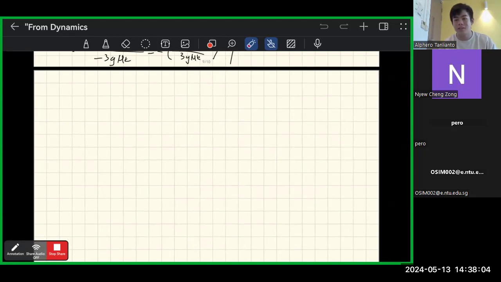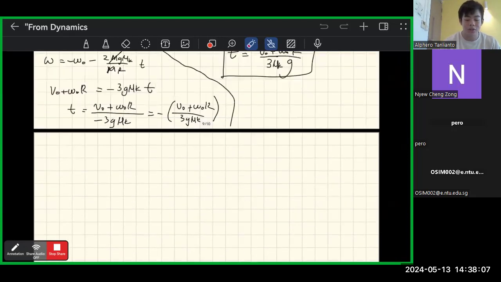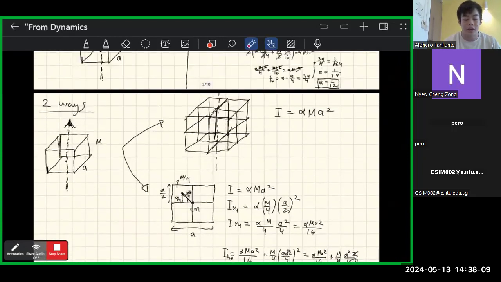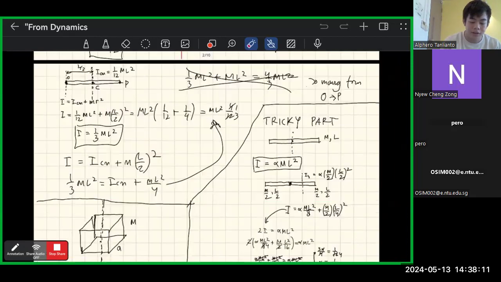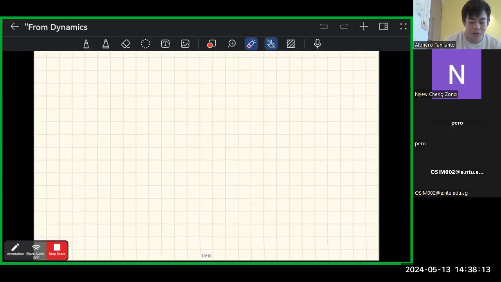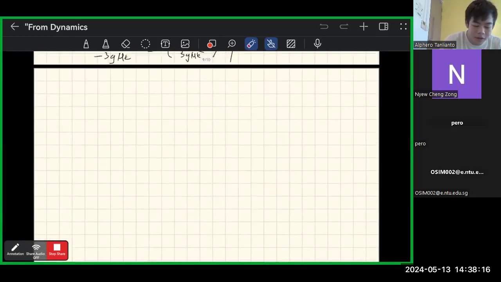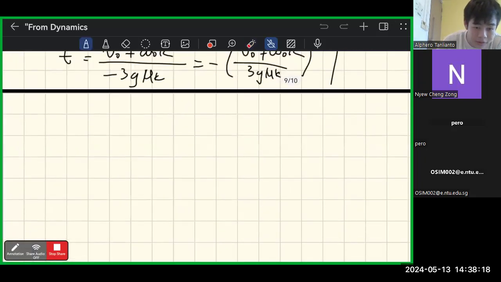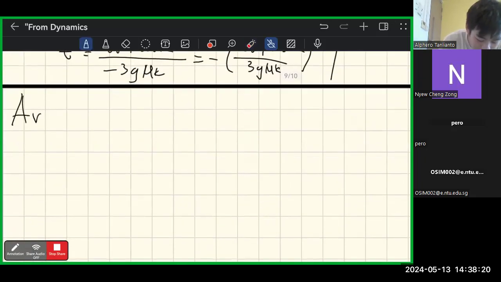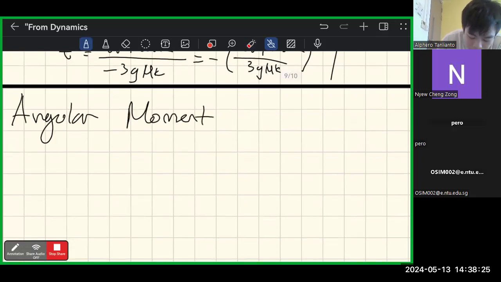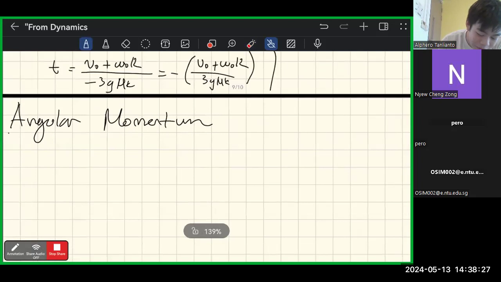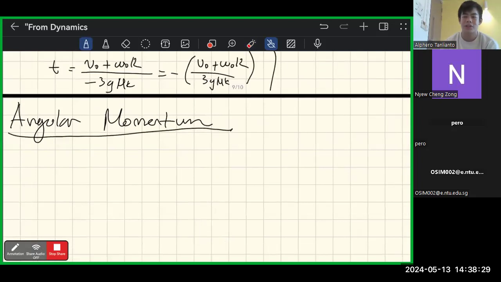If things hit another thing, that's not rotational dynamics but angular momentum problems, and it's my plan to explain that. Actually, angular momentum is technically part of rotational dynamics, but I would say rotational dynamics is the one that involves external forces or external moments.